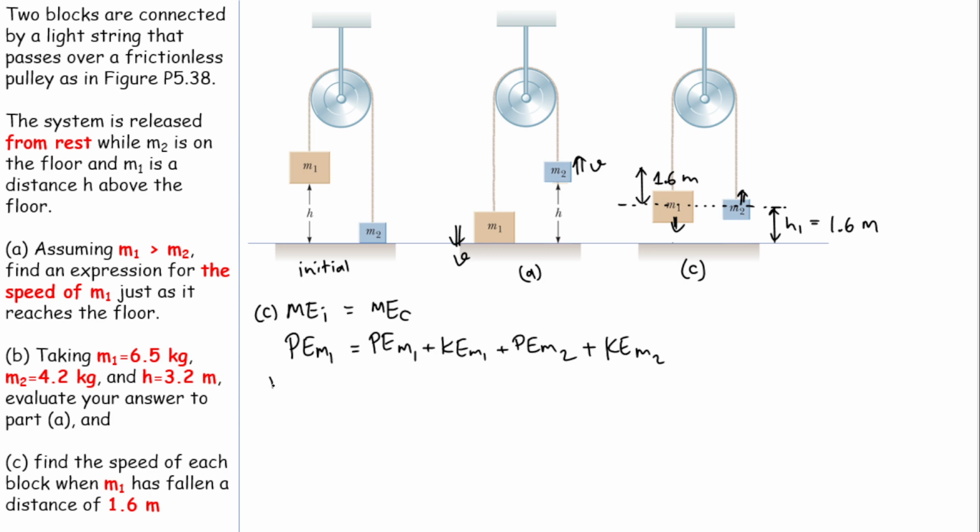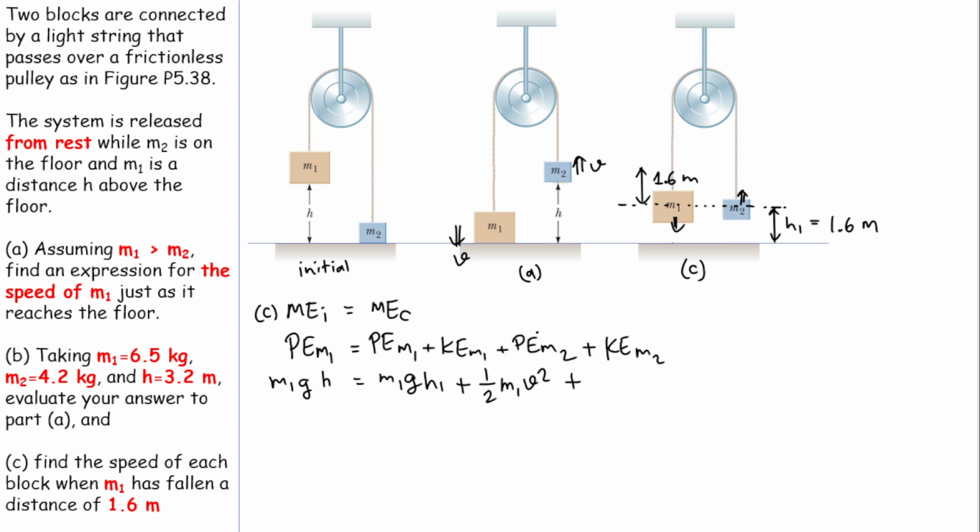This one will be M1 multiplied by G multiplied by H, the original height. And that will equal this one, M1 G, but the height is different, so I'll have H1. And the kinetic energy, so I'll have 1/2 the mass of 1 multiplied by V squared.